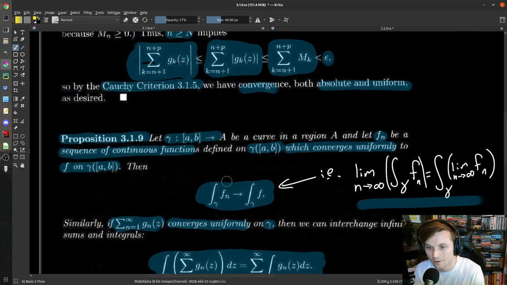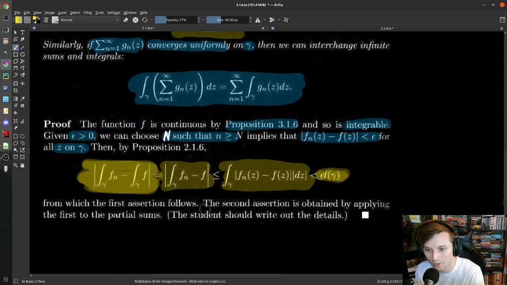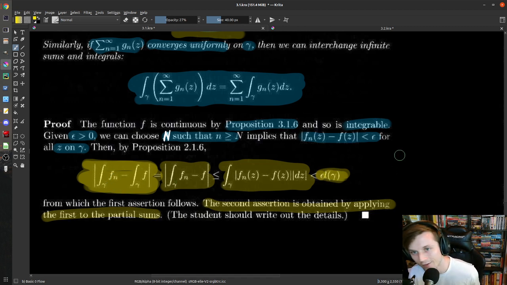That is our first assertion right here. So we've proved it. The second assertion, like I've said before multiple times, is obtained from the first one. It is a slightly more restrictive case of the first one. We just make our f_n's into partial sums. Easy. Nothing fancy going on at all.